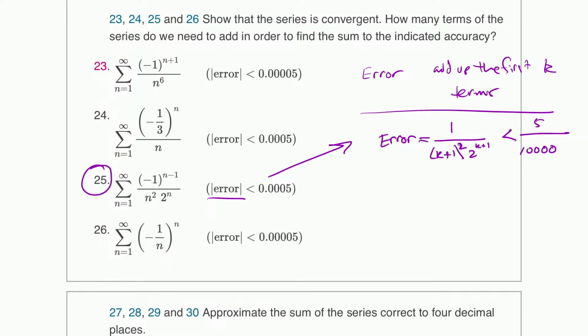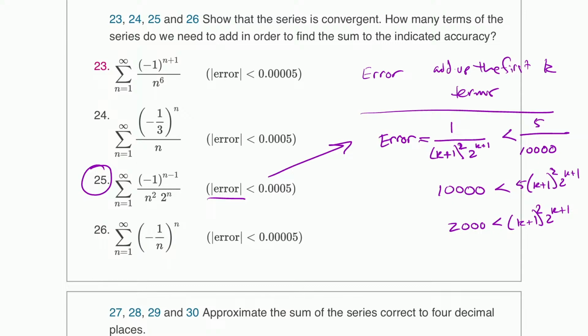So I'm going to just cross multiply because these are all positive numbers. I want 10,000 to be less than 5 times k plus 1 squared times 2 to the k plus 1. So that means, divide by 5, 2,000 is less than k plus 1 squared times 2 to the k plus 1.